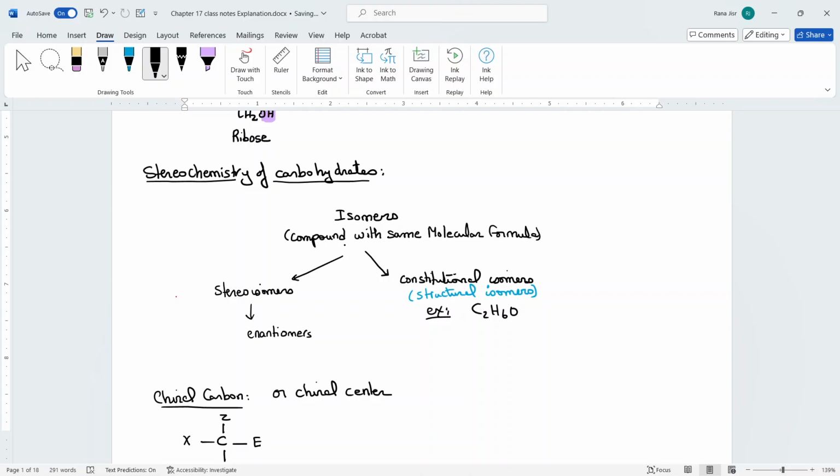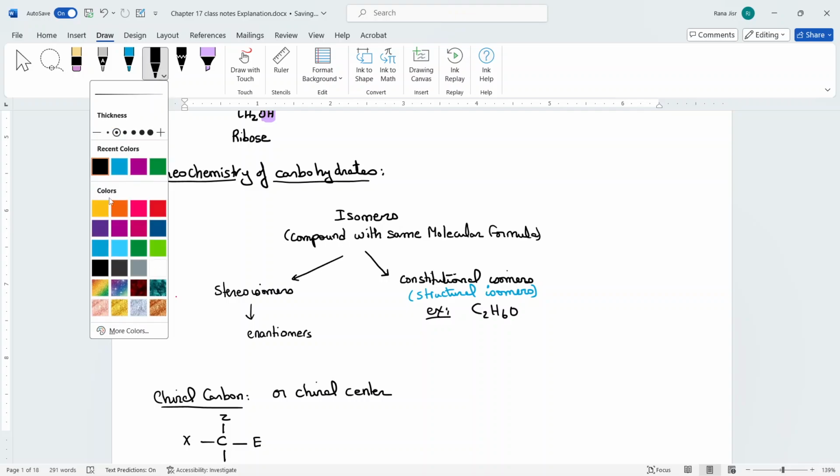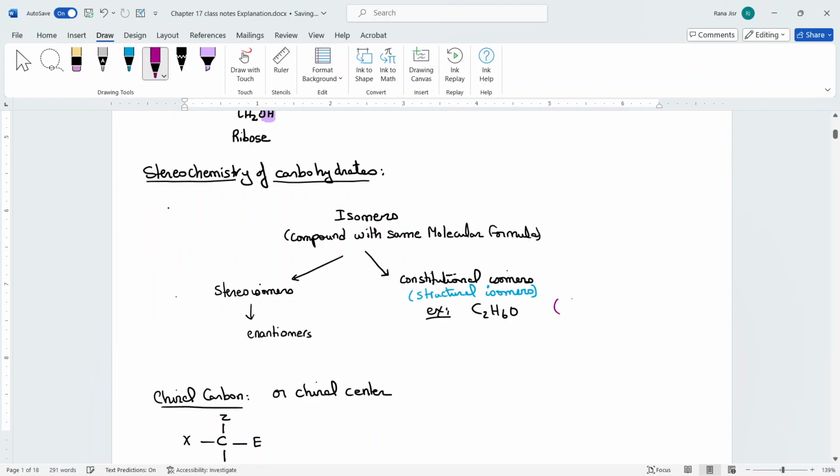This is the definition of structural isomers: compounds that share the same molecular formula but have different connectivity of atoms. This means that every time I name the compound, it's going to be a completely different name.